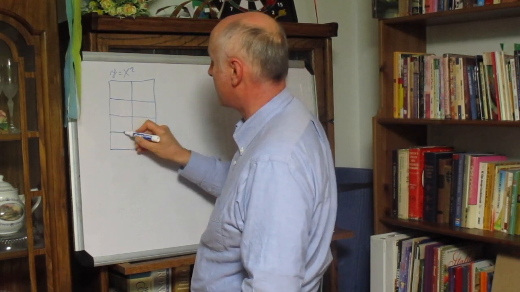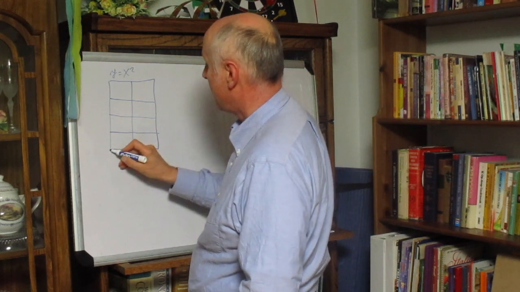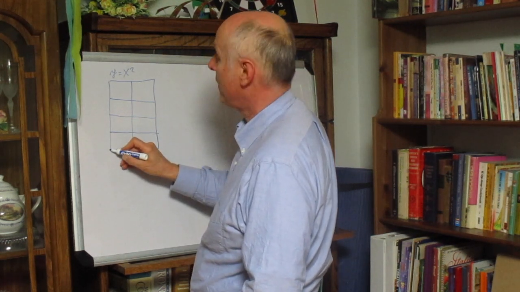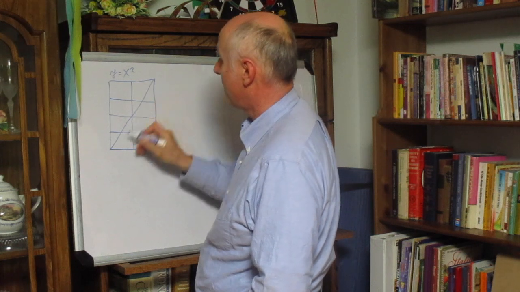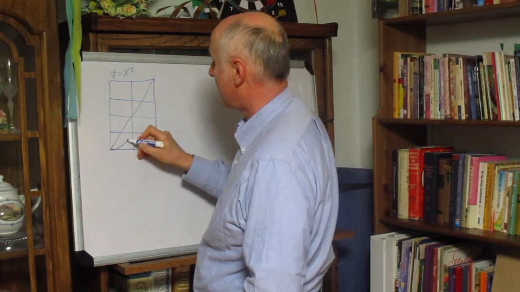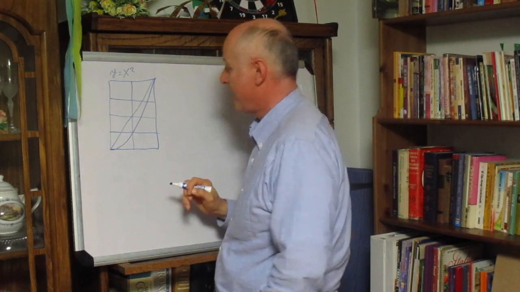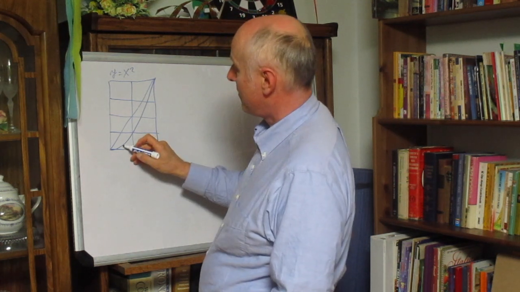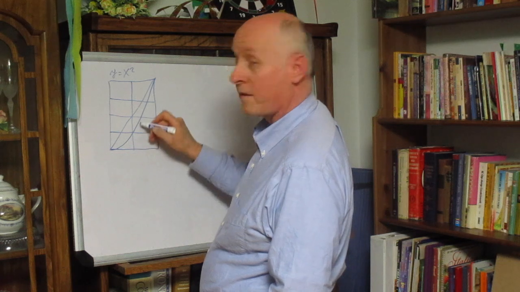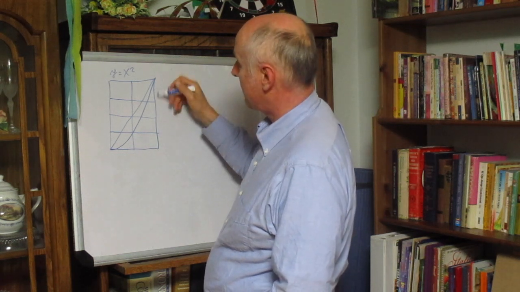That helps us to draw things. Characteristic diagonal, and the curve itself. Nice. And so it would be the area underneath here that we're looking at.